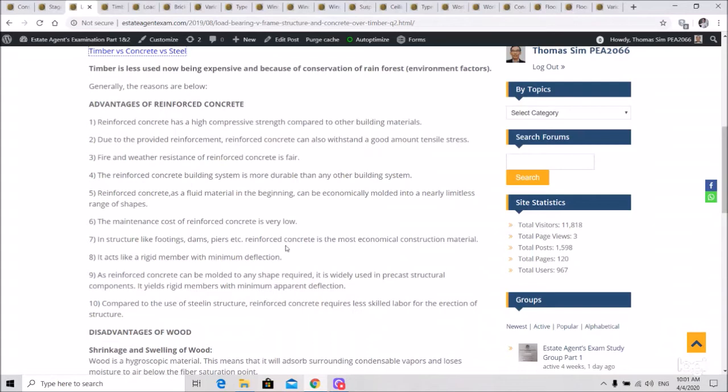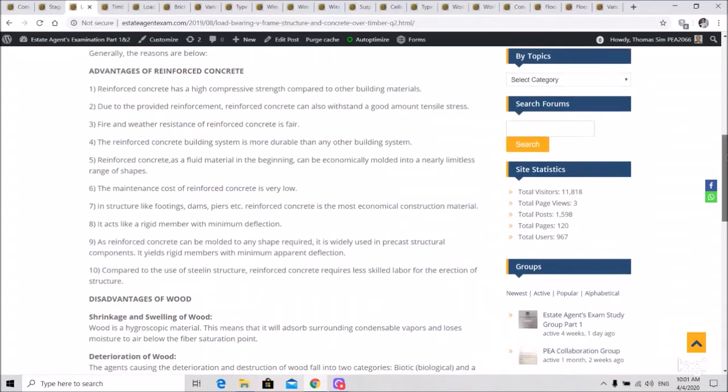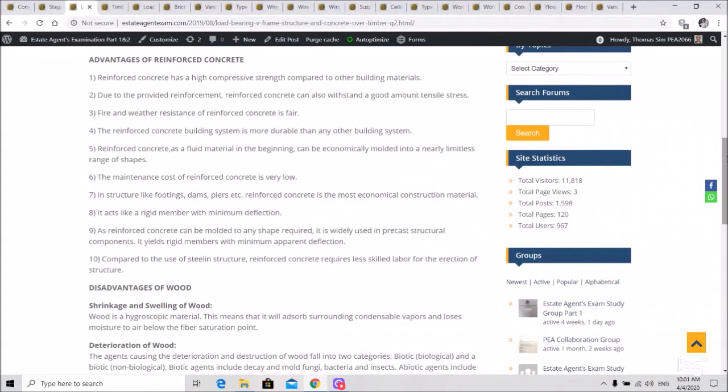Of course, the main one that we understand now is concrete can be built into different shapes and sizes. So you can actually do it on site, where timber usually you are only limited to certain sizes. At the moment, timber is becoming lesser and lesser. You cannot get big chunks of timber to do big buildings.